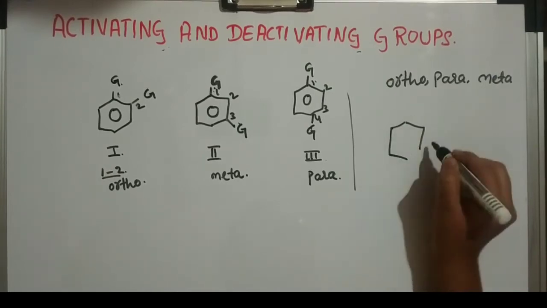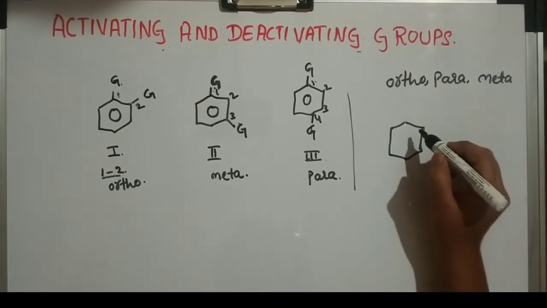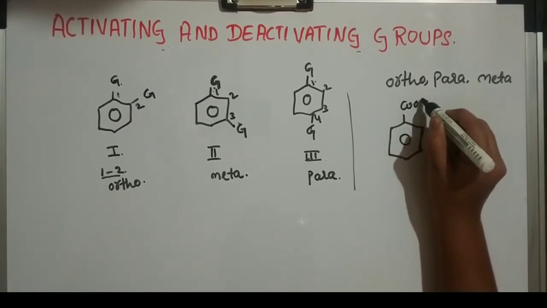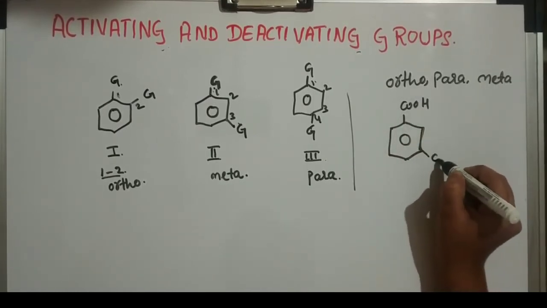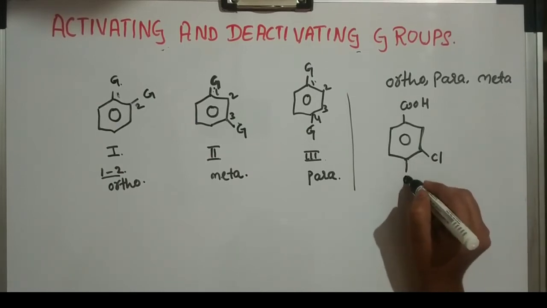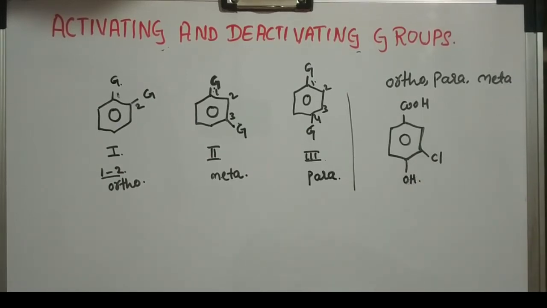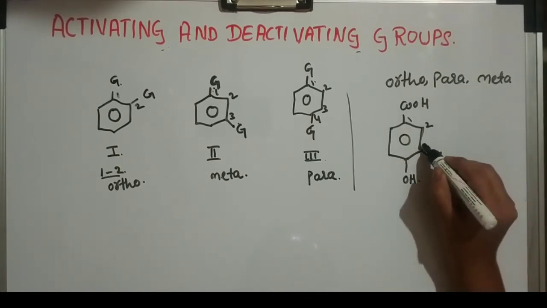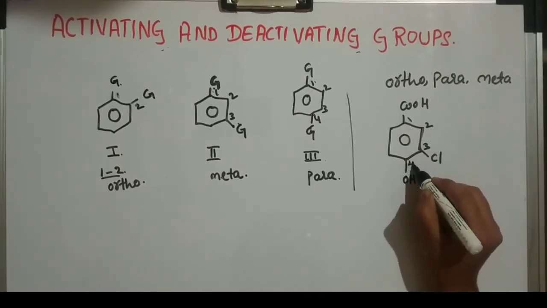Again we will see one complex structure, and how to name it. This is the structure. We have COOH, Cl, OH. So how will you determine the positions? First name the first, second, third, fourth positions.